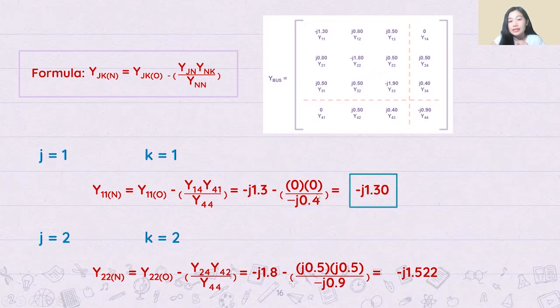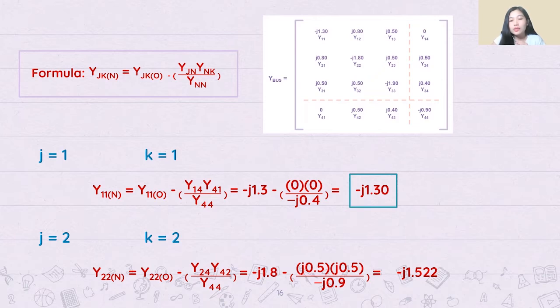So, lagi na dito ang gagamitin natin sa denominator ng y sub 44 is negative j 0.9, because all throughout sa pag-solve natin ng 6 values, technically 9 siya, para siya sa 9 values ng ating 3 by 3 matrix, is that negative j 0.9, because we are going to eliminate yung ating y sub 44 or ang ating 4 by 4 matrix and reduce it to 3 by 3.